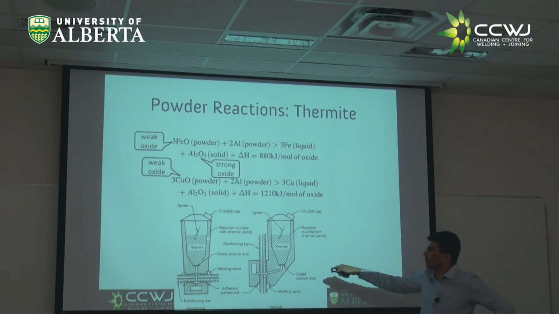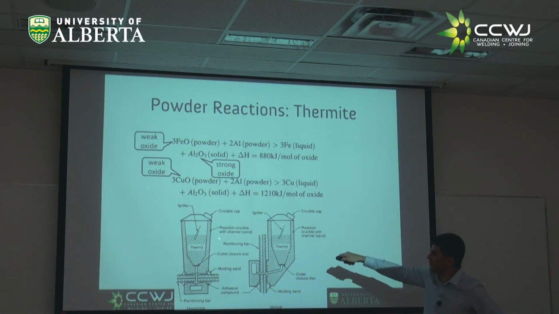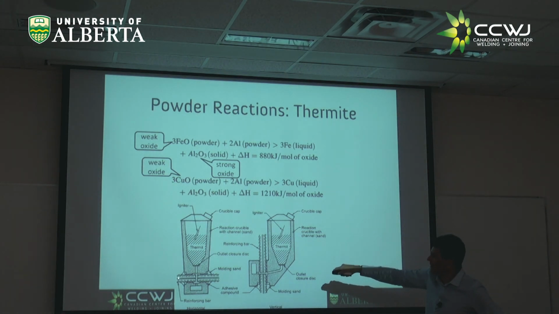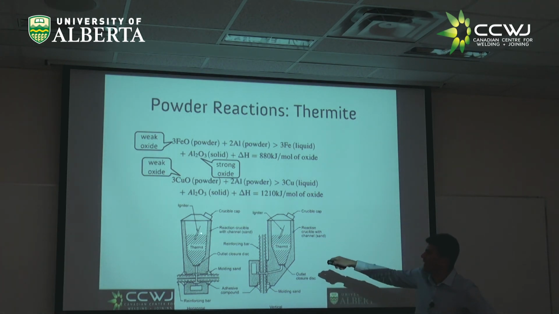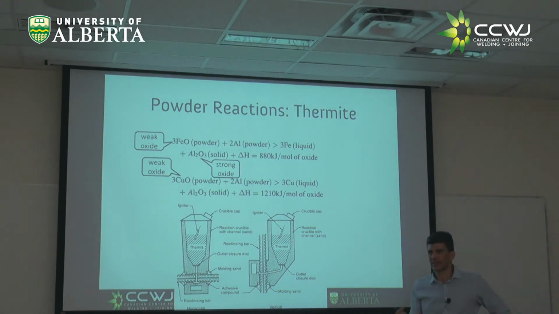You put them in a refractory crucible, right? And imagine you want to weld, in this case they put rebar, but could be railroad tracks, right? It's very used in railroad tracks. And you ignite it. Once you ignite it, this releases energy and gets hot, and because it gets hot, it catalyzes.